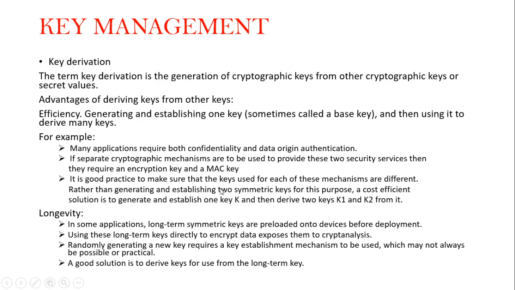It's good practice to make sure that the keys used for each of these mechanisms are different. Rather than generating and establishing two symmetric keys, a cost-efficient solution is to generate and establish one key K and then derive two keys K1 and K2 from it. We'll use K1 and K2 for two different purposes.